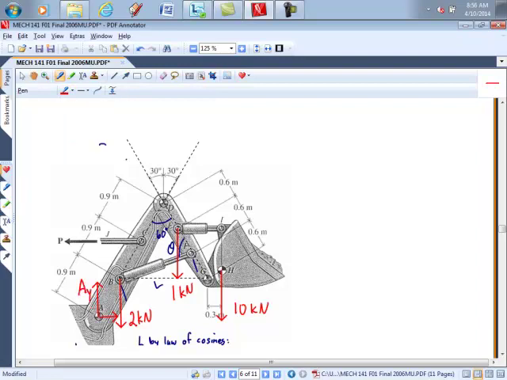So that'd be AY and AX. What next? Equations of equilibrium. Start with, actually we only need one of them, moments about A.